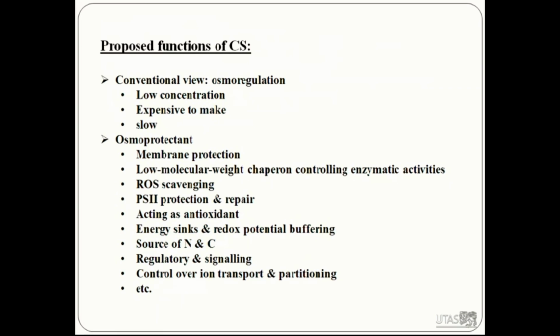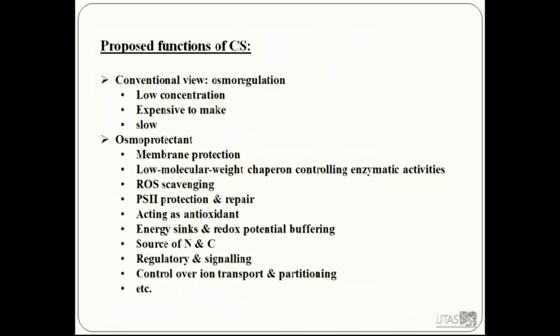But we soon learned that potassium, together with sodium and chloride, has a lot to do with adjusting and stabilizing the cell turgor because of the vast amount it produces during stress. Therefore, this conventional concept is no longer applied for the mere reason that they only exist in a very low concentration and they're very expensive and slow to make.